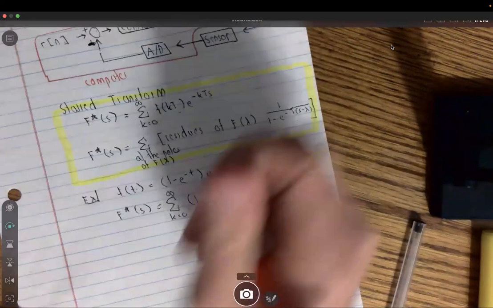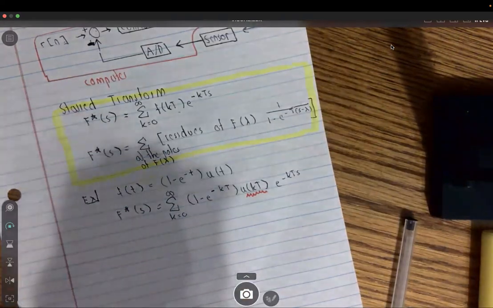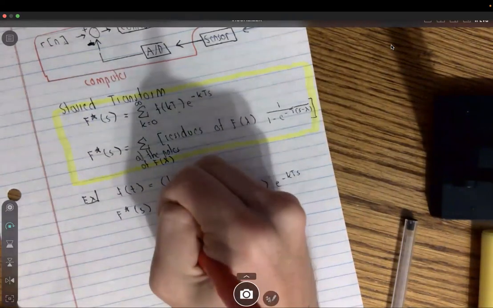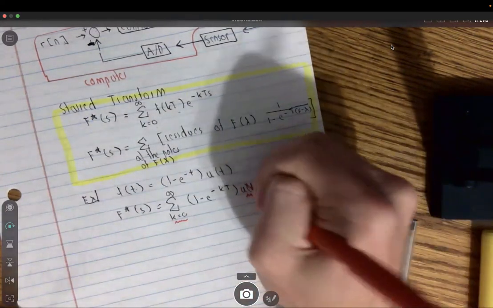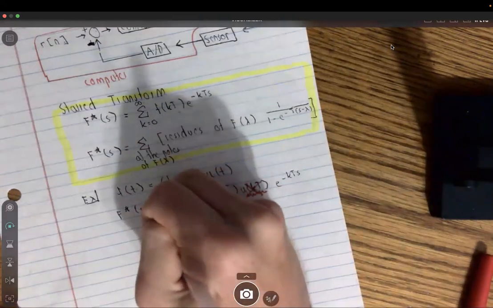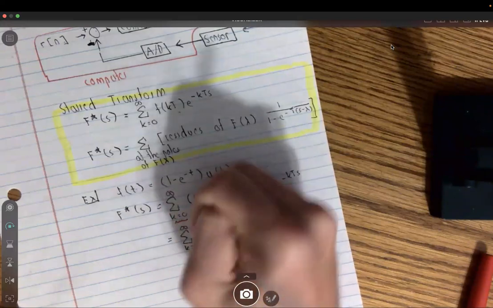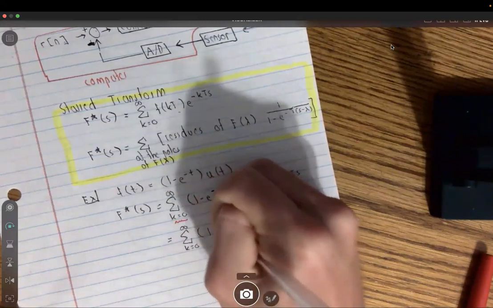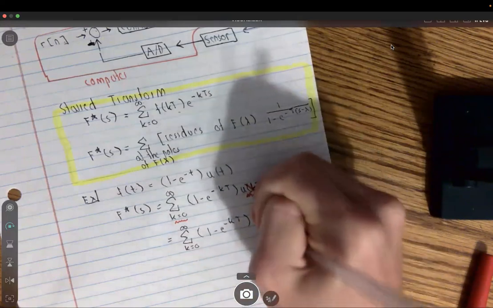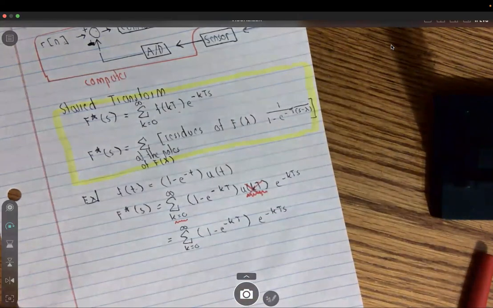Notice that this term right here starts at 0, right? The unit step starts at 0, and our summation starts at 0, so we can get rid of this term. Now, looking at our summation, k equals 0 to infinity, we have 1 minus e to the negative kT, and then e to the negative kTs.